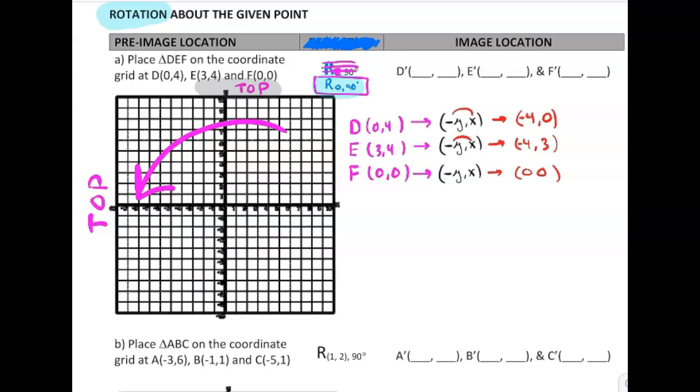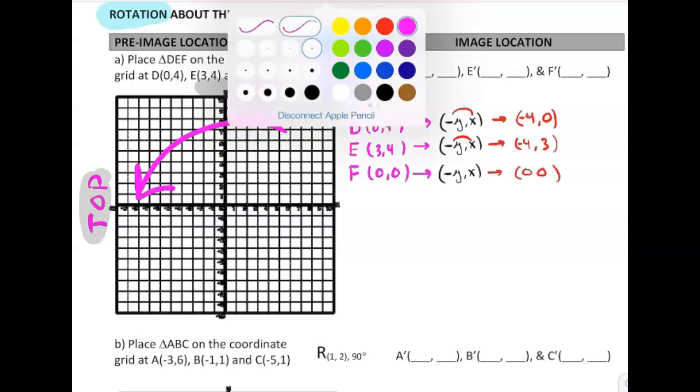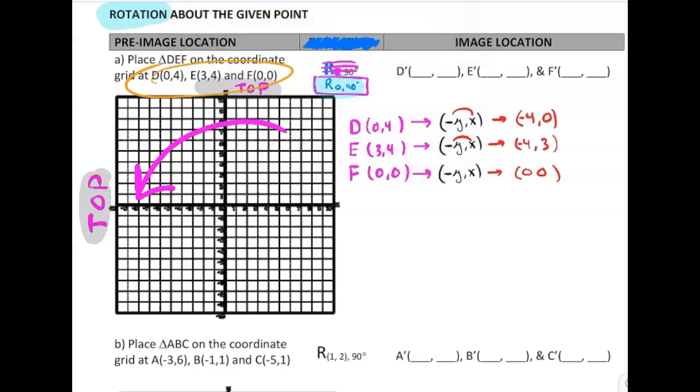If you treat this like the top, and then replot those original points, 0, 4, 3, 4, and 0, 0, you end up. Now when you turn your paper back the other way, you've simulated a different top, so you can also rotate that way.